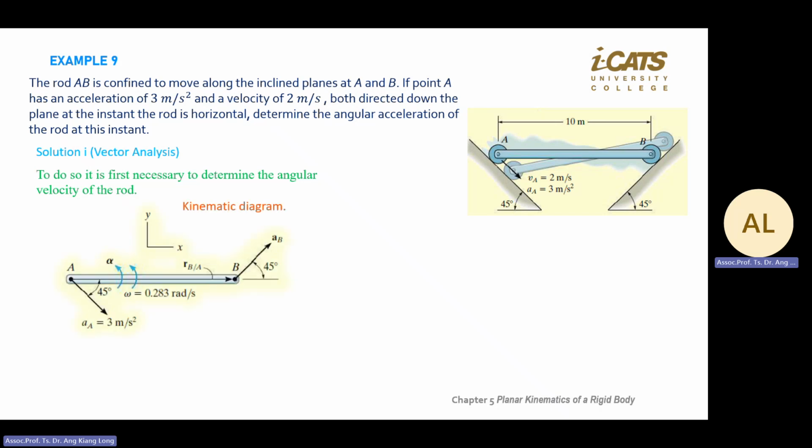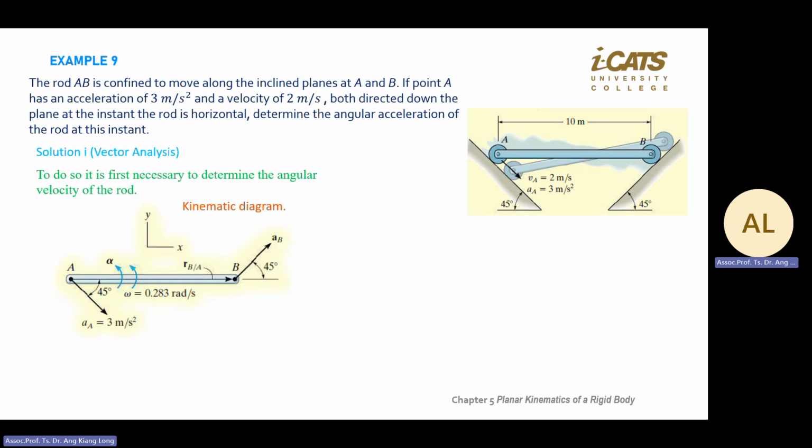So you can convert your rod into this diagram. I go a bit faster. Then you put your X and Y direction. You put in the horizontal setting like the question. You copy the question orientation, X and Y, and then you draw the body. Then you put in velocity, omega, alpha on the diagram.